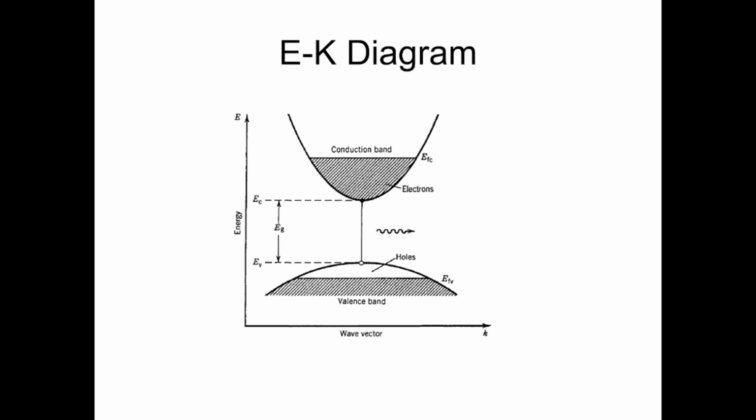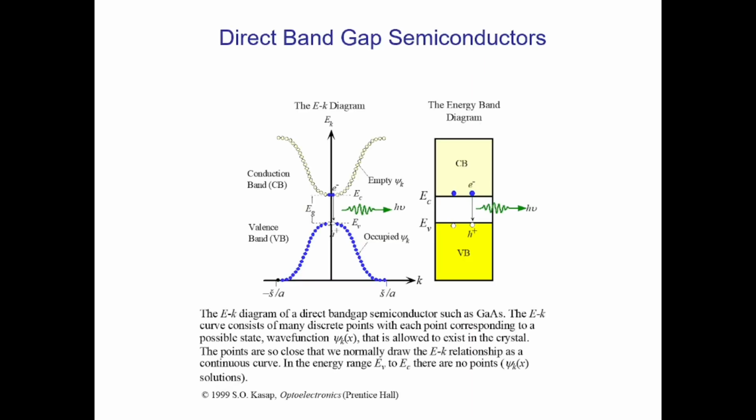So the E-K diagram indicates the momentum and the energy, with momentum on the x-axis and energy on the y-axis for the valence band and conduction band. We'll just see how it happens in a normal semiconductor and a compound semiconductor, that is, for direct band gap semiconductors and indirect band gap semiconductors.